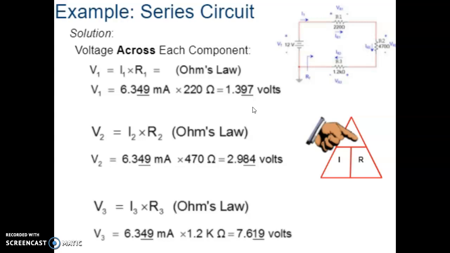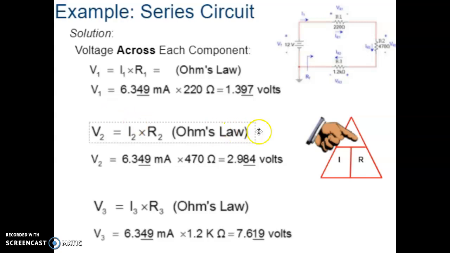Okay, so this is, again, where that comes into play. It's milliamps. All right, so milliamps is 10 to the power of negative 3. So you have to move this decimal back 3 spaces. So 0.006349 amps times 220 is 1.397 volts.